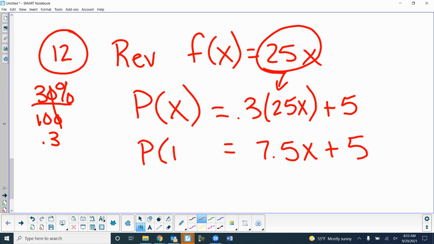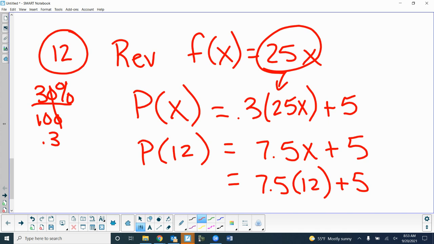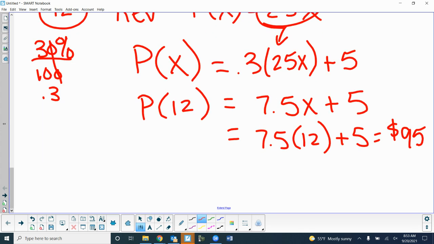So the profit for 12 paintings, so we're putting 12 in place of x. So 7.5 times 12 plus 5 comes out to, most of you looked like you had that one when I was checking, $95.